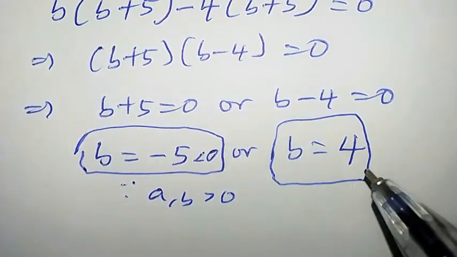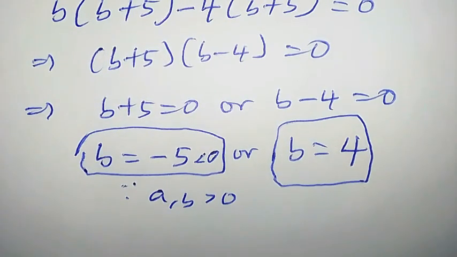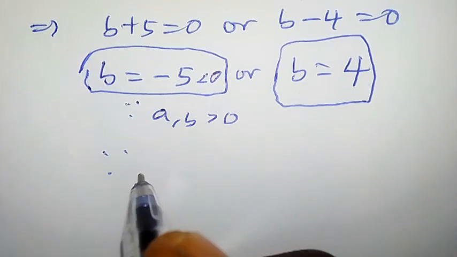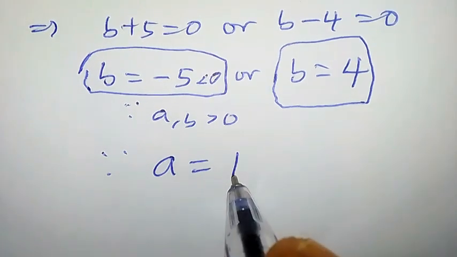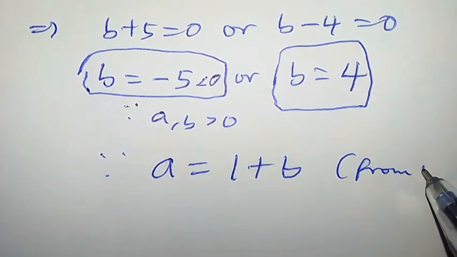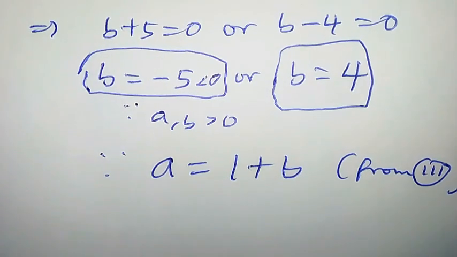We can now use this value of b to obtain the value of a. Since a is equal to 1 plus b, which comes from the third equation, let me show you.